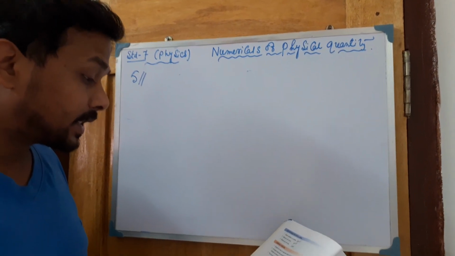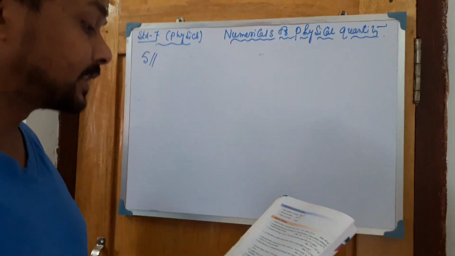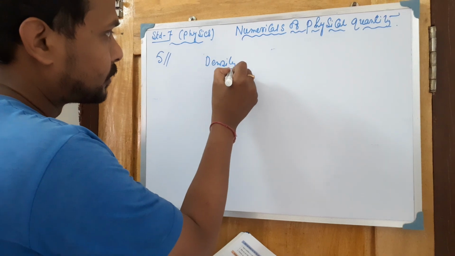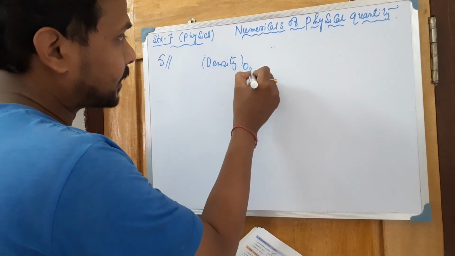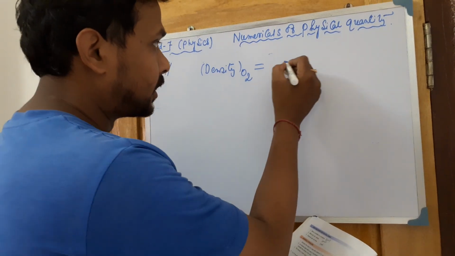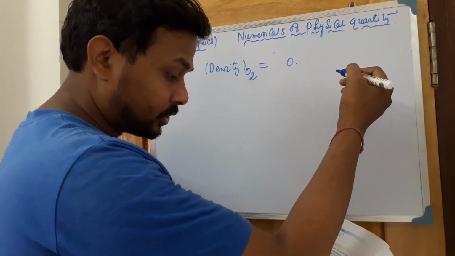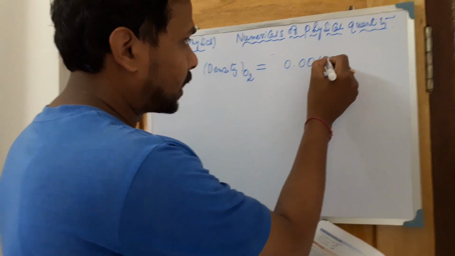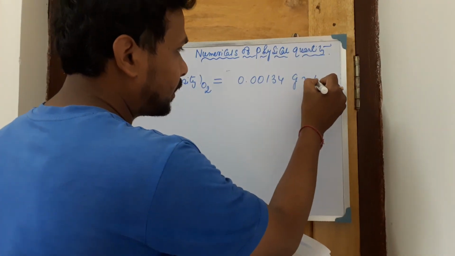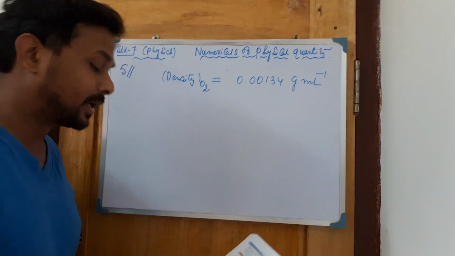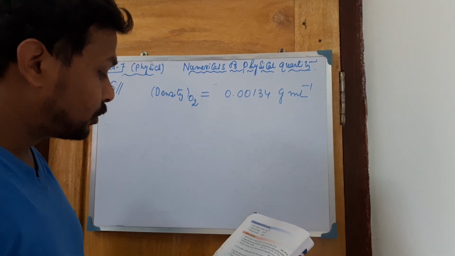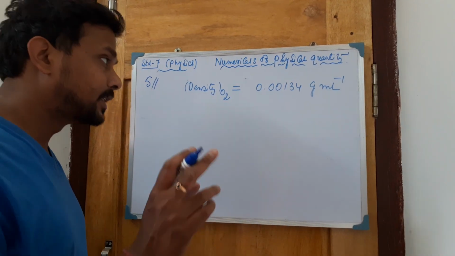The question is given that under certain condition oxygen gas O2 has density 0.00134 gram ml to the power minus 1, that means gram per ml. Find the volume occupied by 250 gram of oxygen under the same condition.